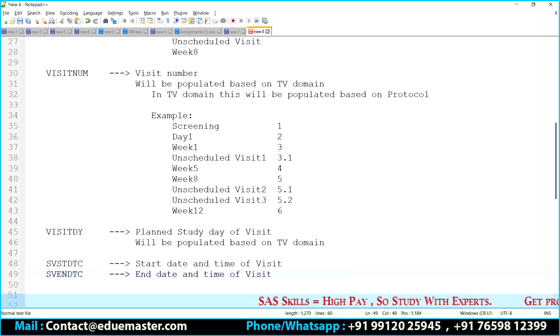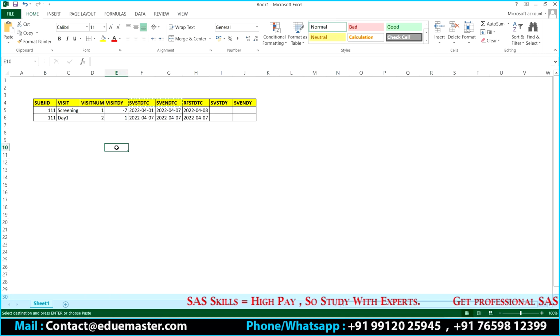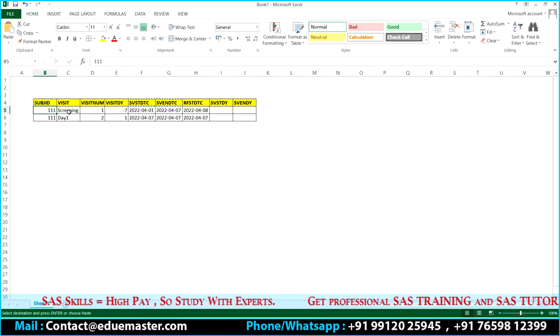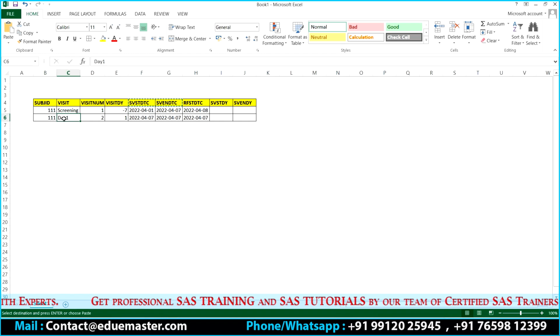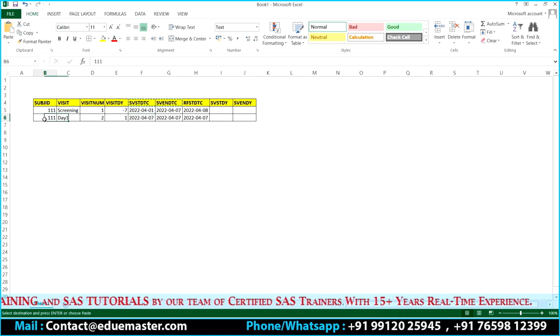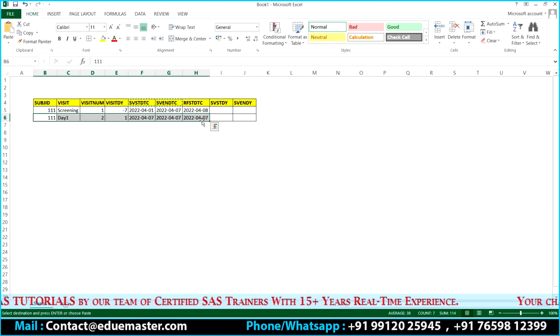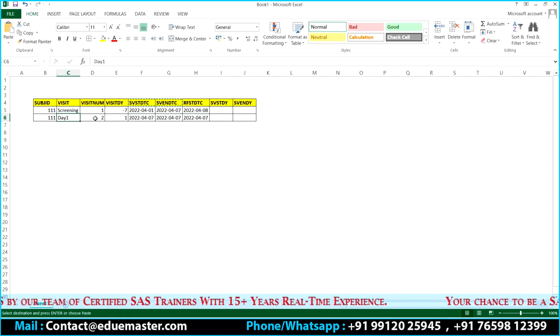Now let's understand this with an example here. Meaning there is a subject called 111. He came to the screening on 1st of April. The same subject, the treatment is started on, this is day 1 is nothing but a treatment day. Day 1 is nothing but a treatment day.